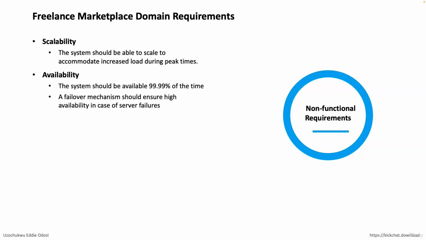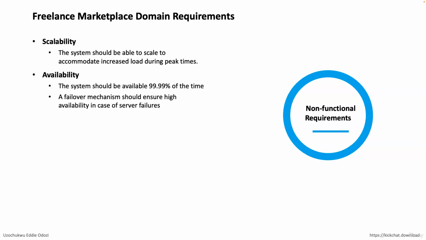Another is availability. The system should be available 99.99% of the time. This also involves how you deploy your application. For us, we are going to deploy to the cloud. We are going to use AWS, and AWS promises availability of different nines, but at least we should have a system that is available 99.99% of the time.